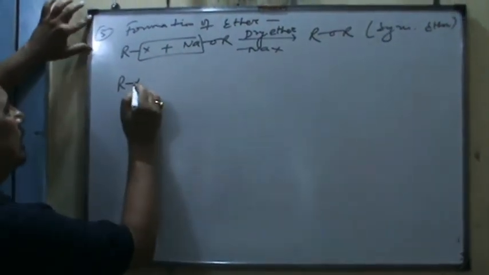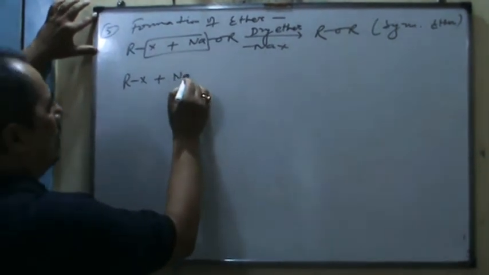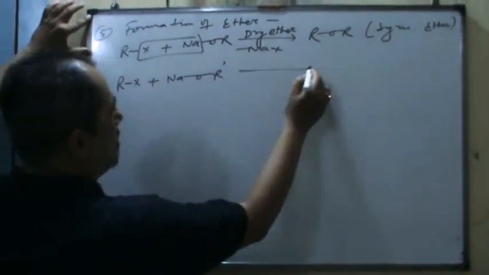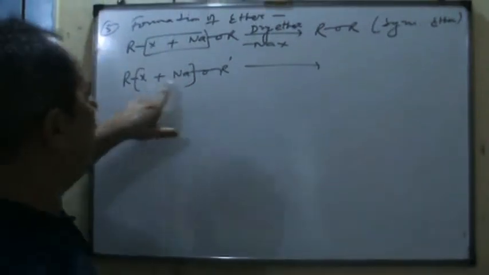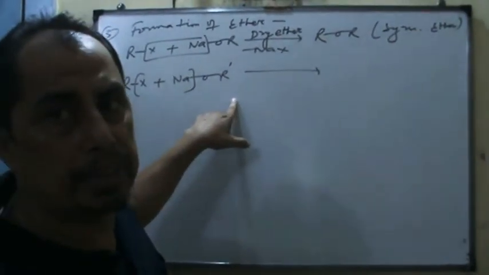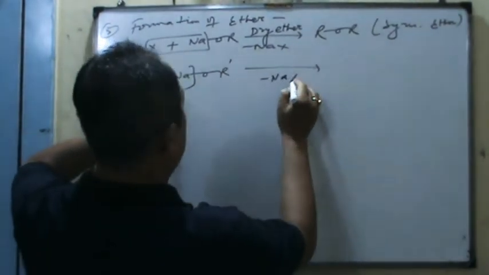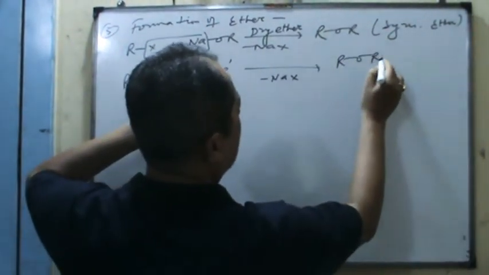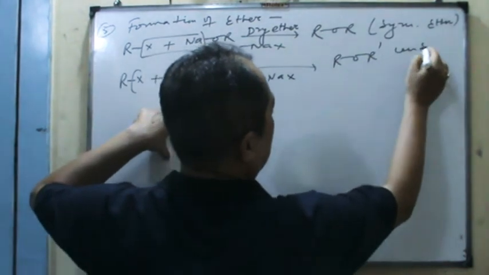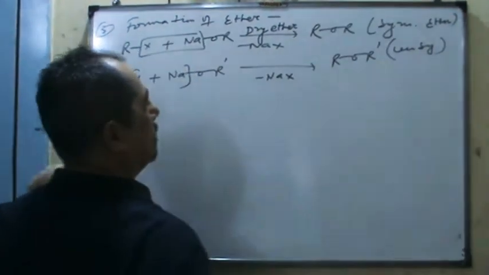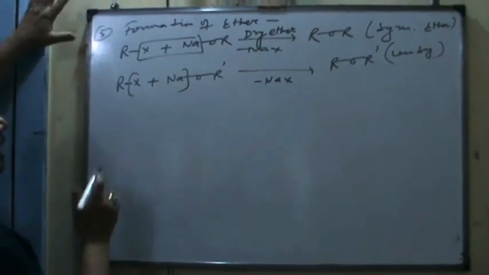Now RX, NaOR'. Now NaX. I have changed the alkyl groups. Keep in mind. Then minus NaX, ROR'. Is it symmetrical or unsymmetrical ether? So it is very much unsymmetrical ether.